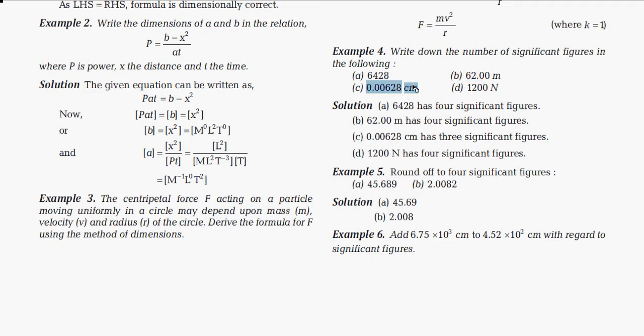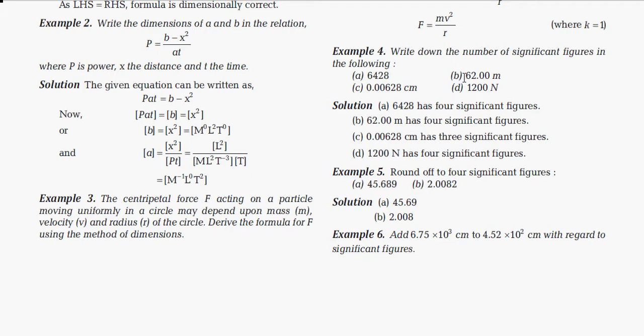But remember one thing: on the left side of the decimal, there will be some fixed value like 1, 2, 3, whatever, greater than 0.